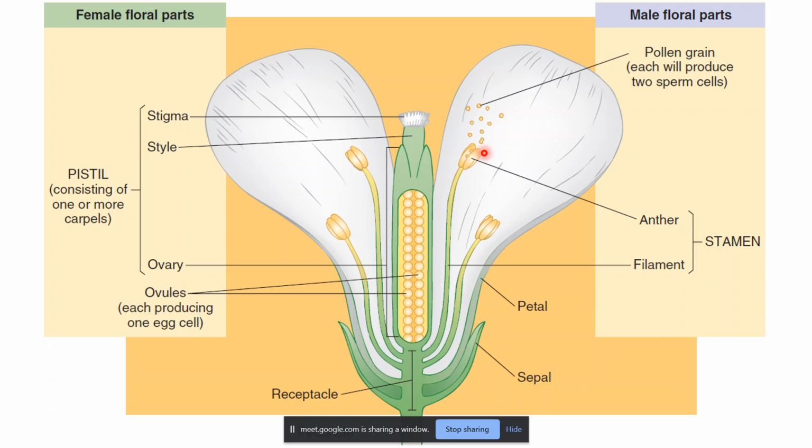Anther will produce pollen grains, and pollen grains will transfer from the anther to the carpel of another flower. We will talk about the processes that happen after that later.